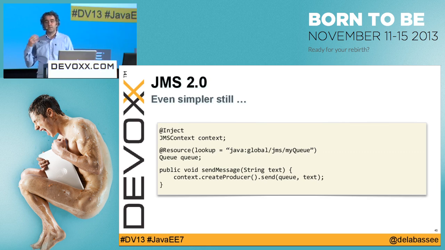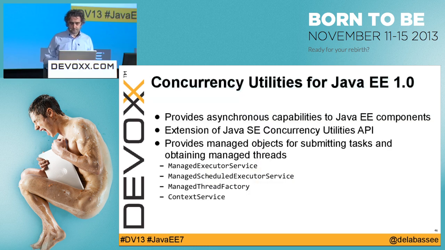We have the JMS producer. We don't have to do payload conversion. We have the ability to inject objects, so we don't have to manage their life cycle. Exceptions are unchecked, objects are using the AutoCloseable interface, and so on. So there are a lot of things that make the JMS 2 API a lot simpler to use.